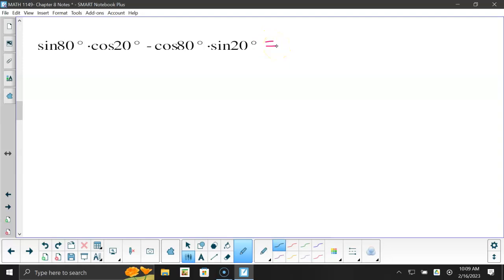So if it goes sine and then cosine, it's going to be a sine function. And then if it's minus here, and then what is the sine of 60 degrees?